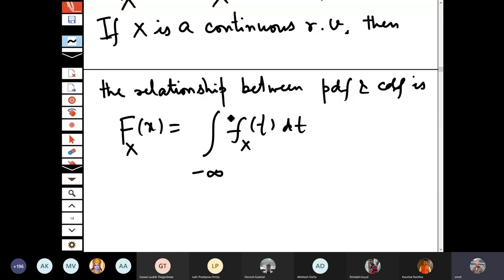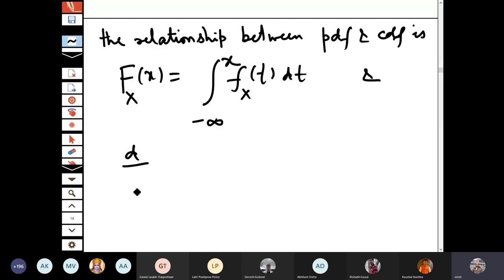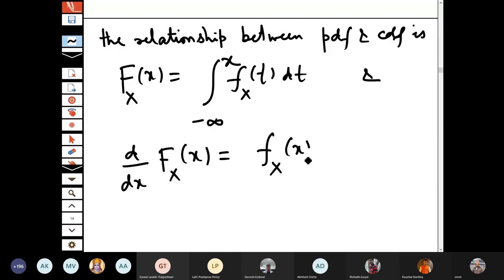In the case of a continuous random variable, if we integrate the density function from minus infinity to x, I will get the CDF, and conversely, if I differentiate the CDF, I will get the PDF.